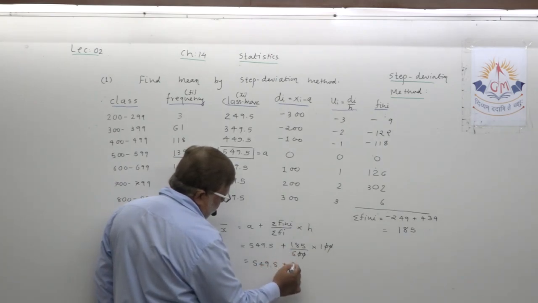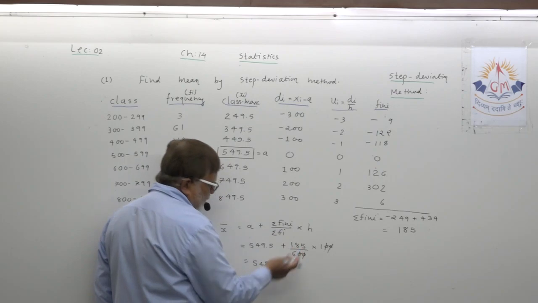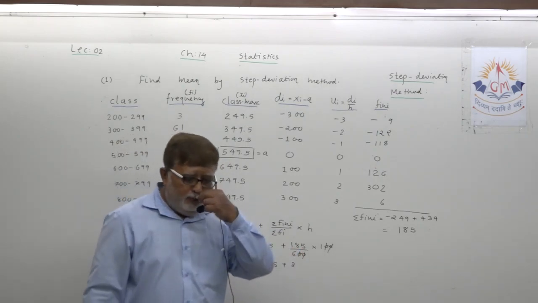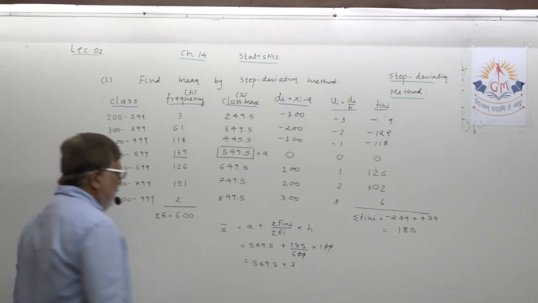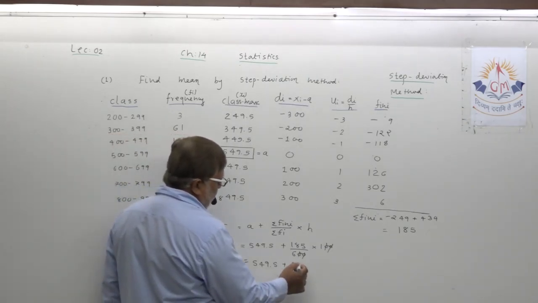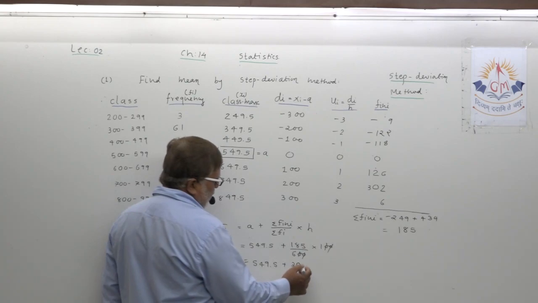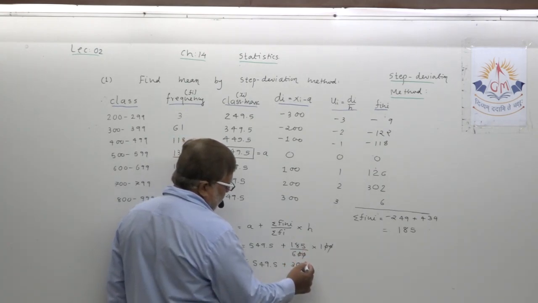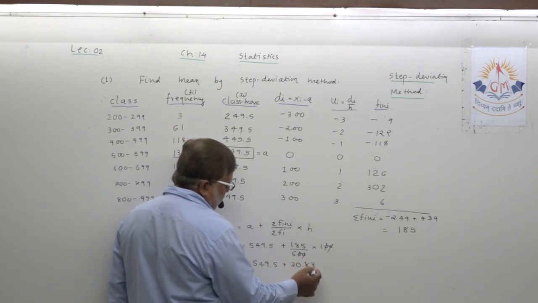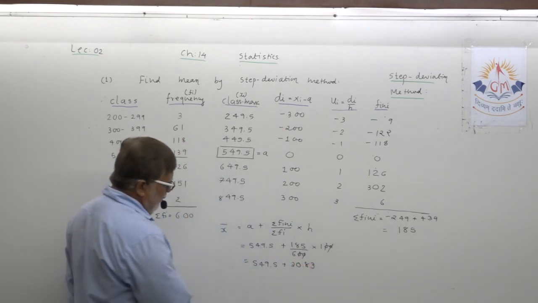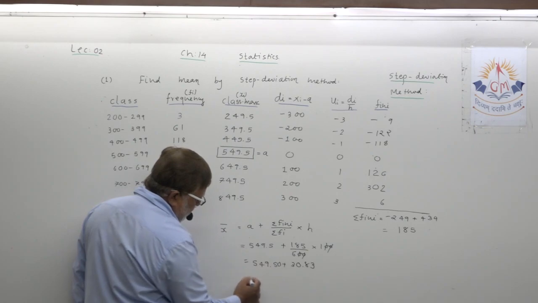Just divide 185 upon 6, that is about 30.83.